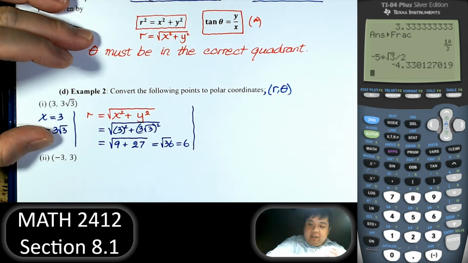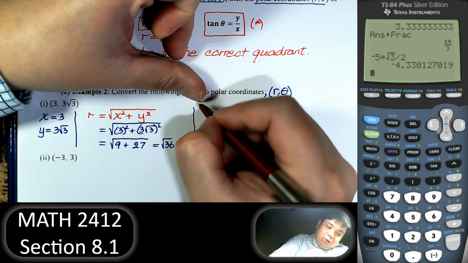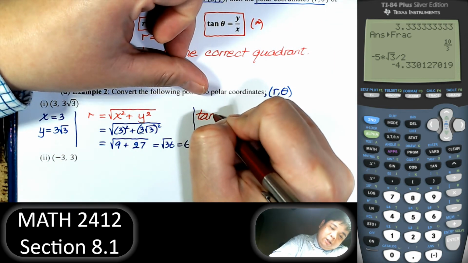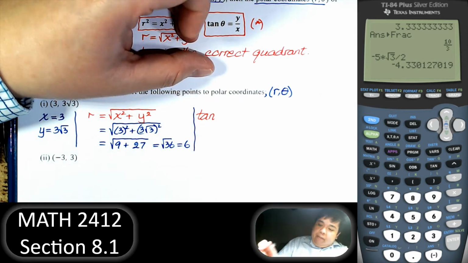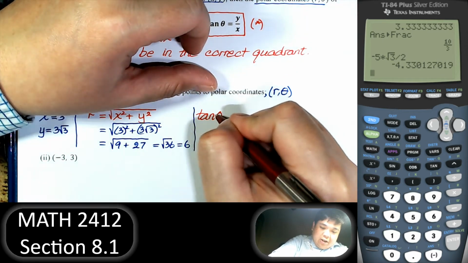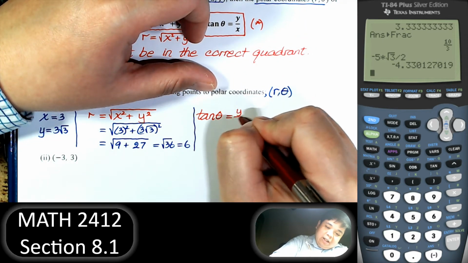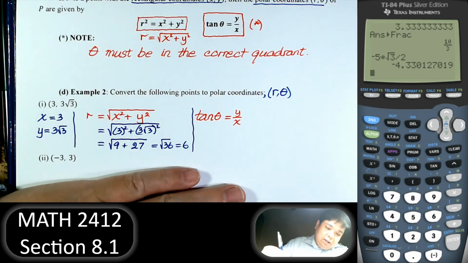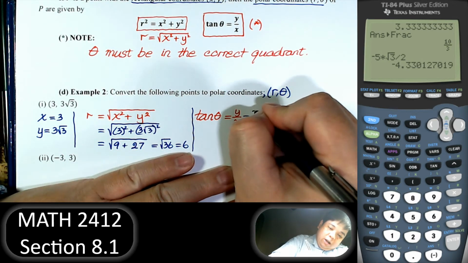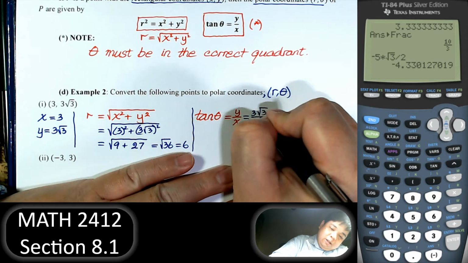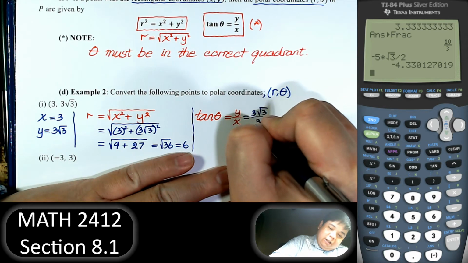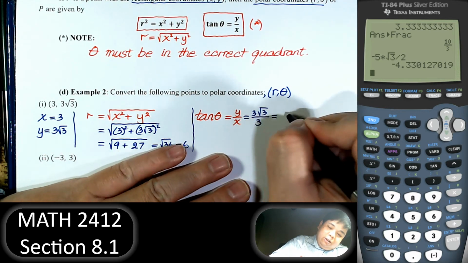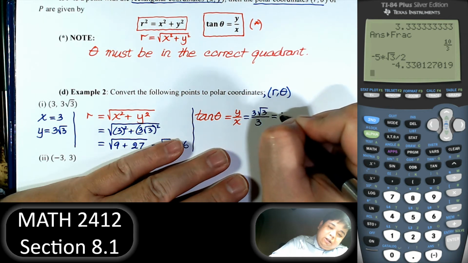Now, how do we get theta? Well, to get theta, we use tangent of theta is y over x. The 3 and 3 cancel out, giving us square root of 3.